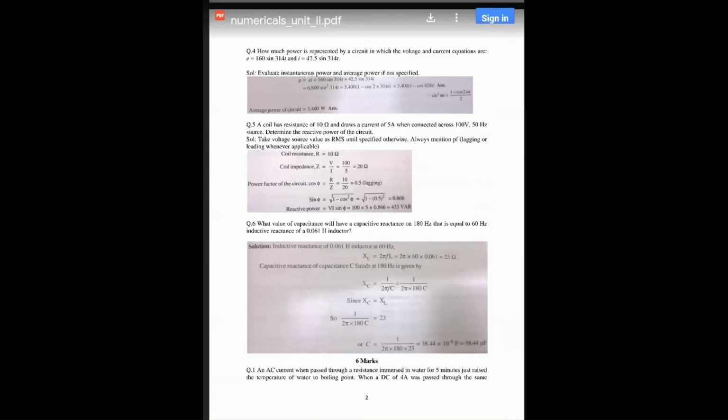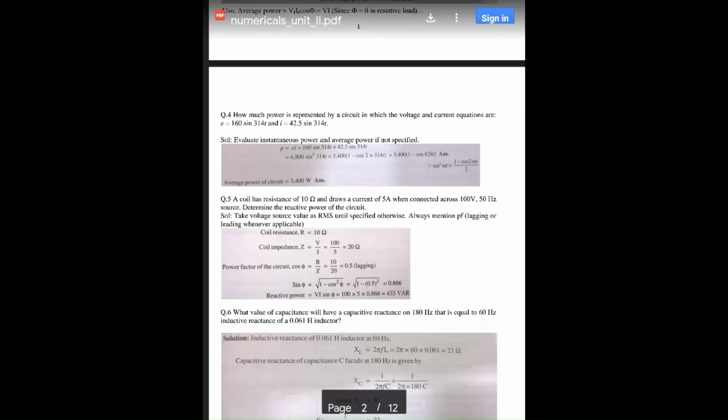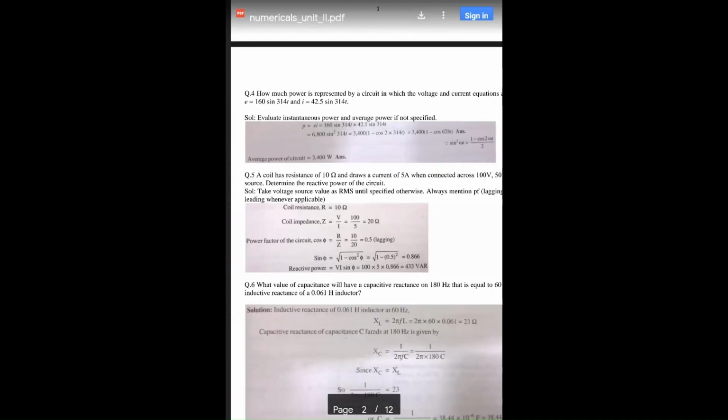How much power is represented by a circuit in which voltage and current equations are given here? The voltage equation is given and the current equation is given. Voltage and EMF are sometimes used synonymously.